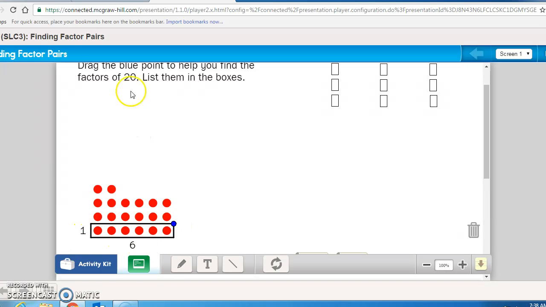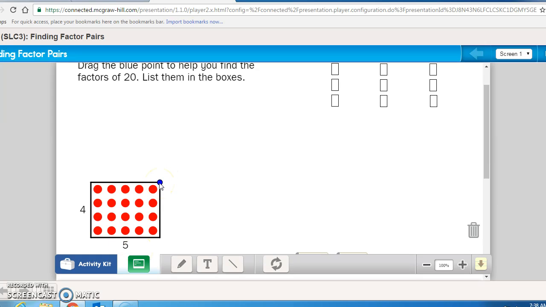Well, 1 times 6 is not 20. Let's look. Is 2 times anything 20? 2 times 6 is 12, but I know that 2 times 5 is 10, so 4 times 5 would be 20.